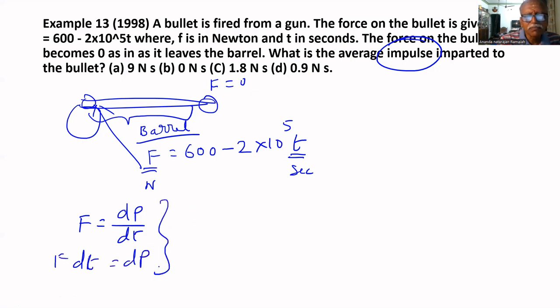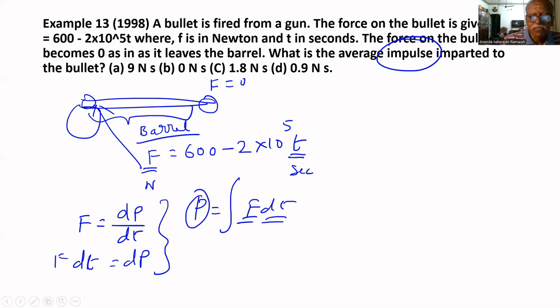So p, the impulse, is equal to the integral of F dt, because F is given. We have to find p to find the impulse. We have seen this earlier also.